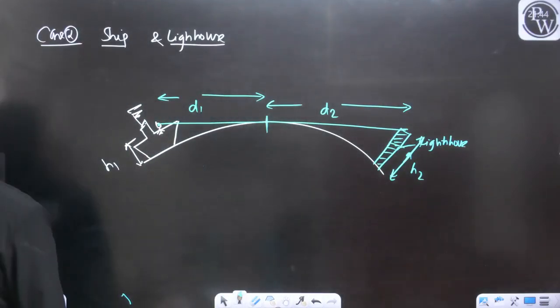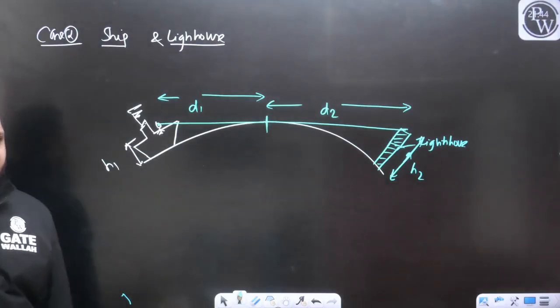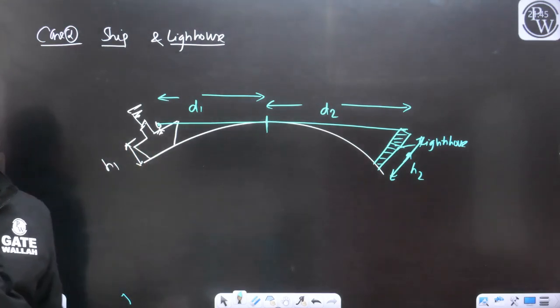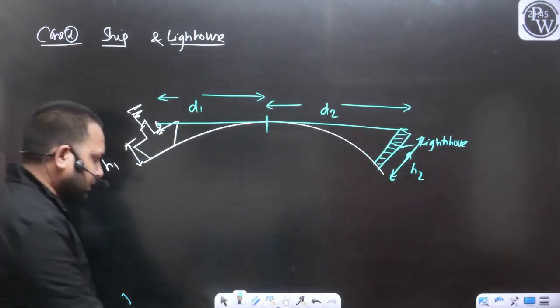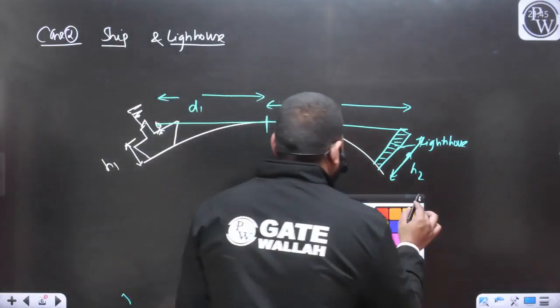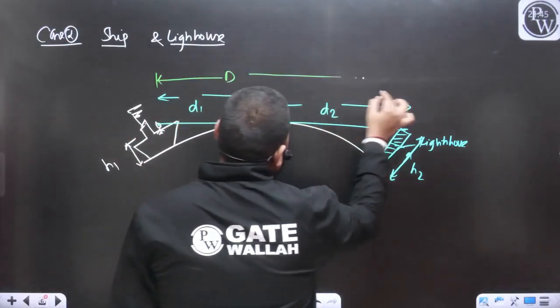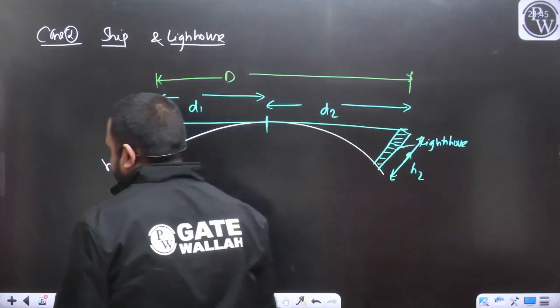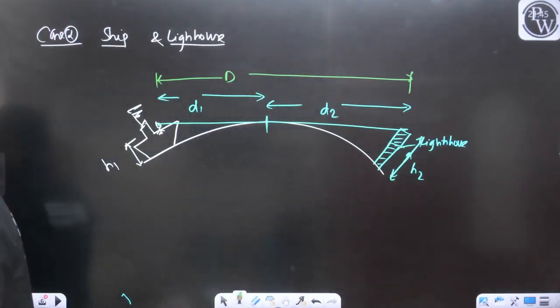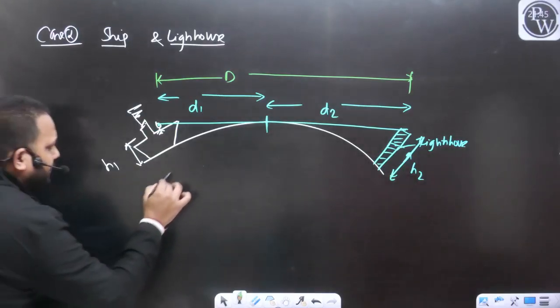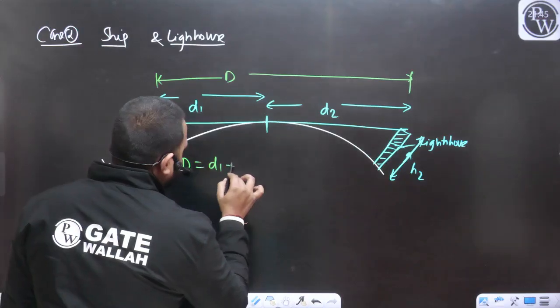Yes. In the question they will ask, what is the distance between the observer and the lighthouse? What will be the total distance between the observer and the lighthouse? Can I say this total distance will be equal to capital D? Yes or no? And this capital D is nothing but D1 plus D2.